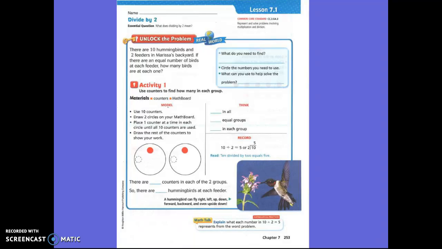Okay, what are we needing to find, boys and girls? What are we needing to find, Carter? How many birds are at each feeder. Okay, let's do that.